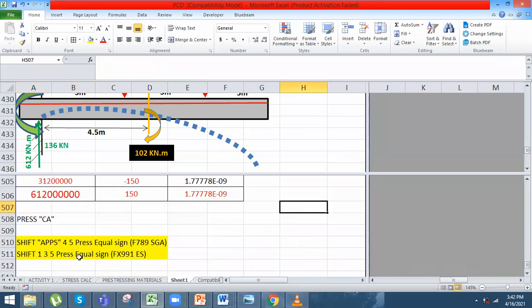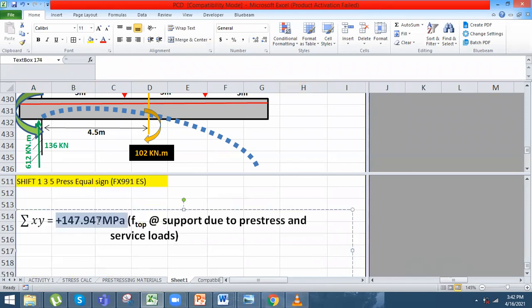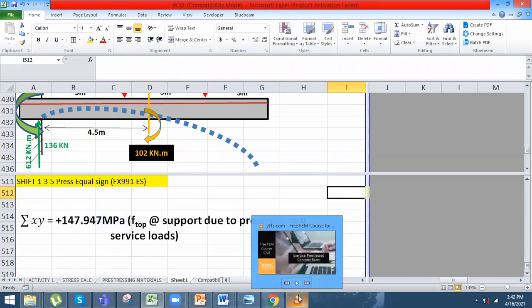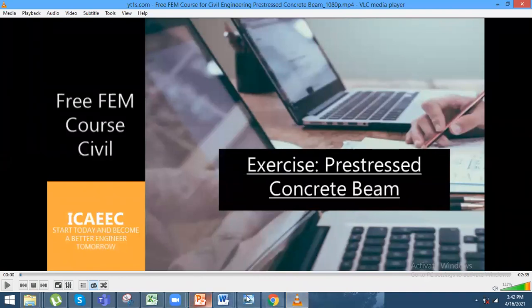And shift ups 45 or shift 135, and it would generate already a 147.947 megapascal. Ano, and also for our, ito yung real application ng pre-stress natin. Okay, so share screen, ay naka-share screen naman.